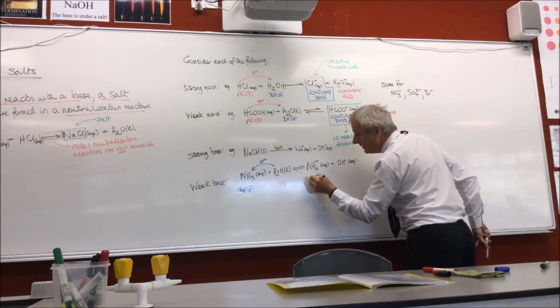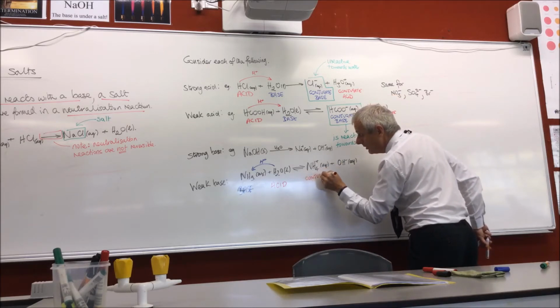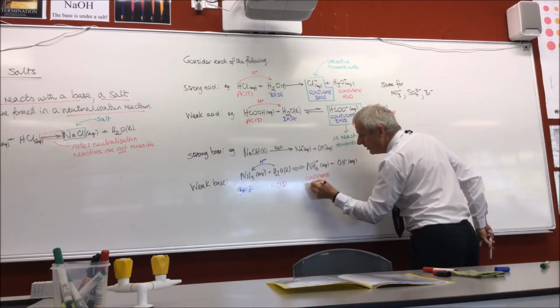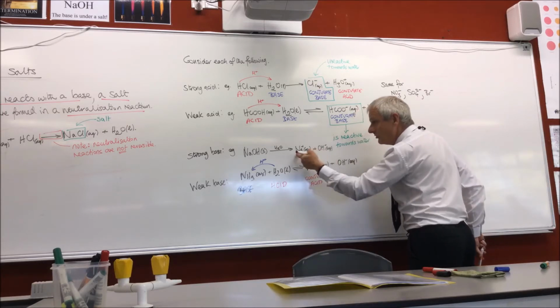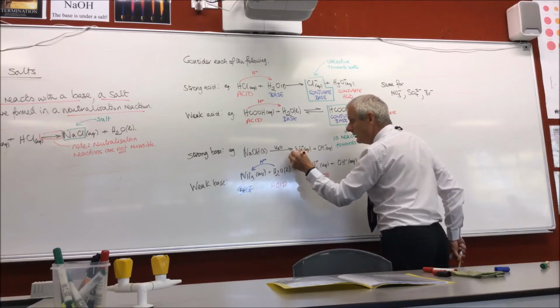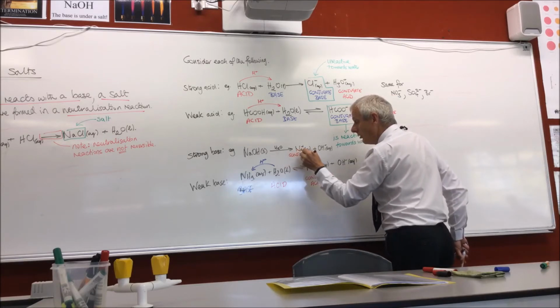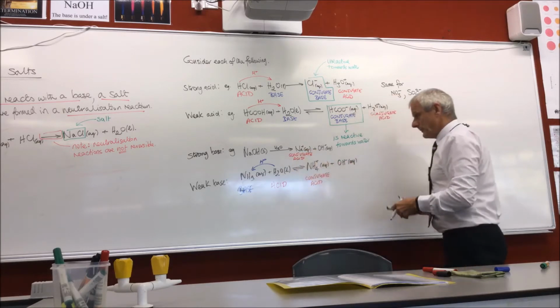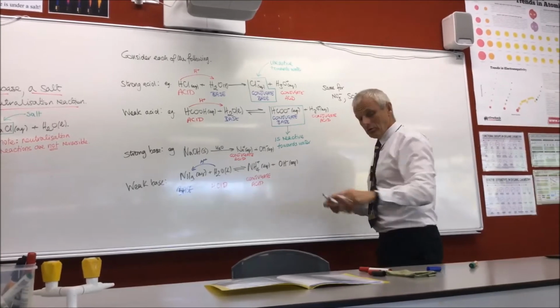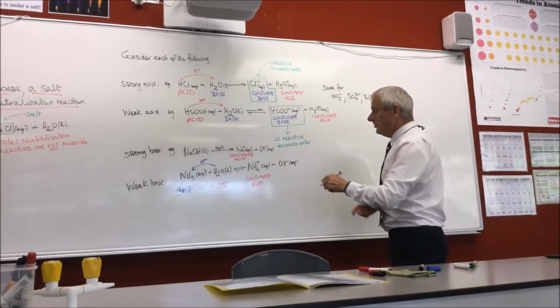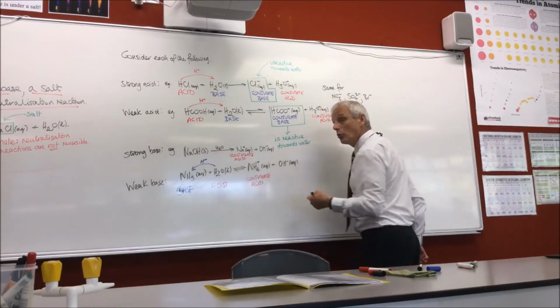So this is the conjugate acid. And it's the same here. And so the OH minus is the conjugate base of water.